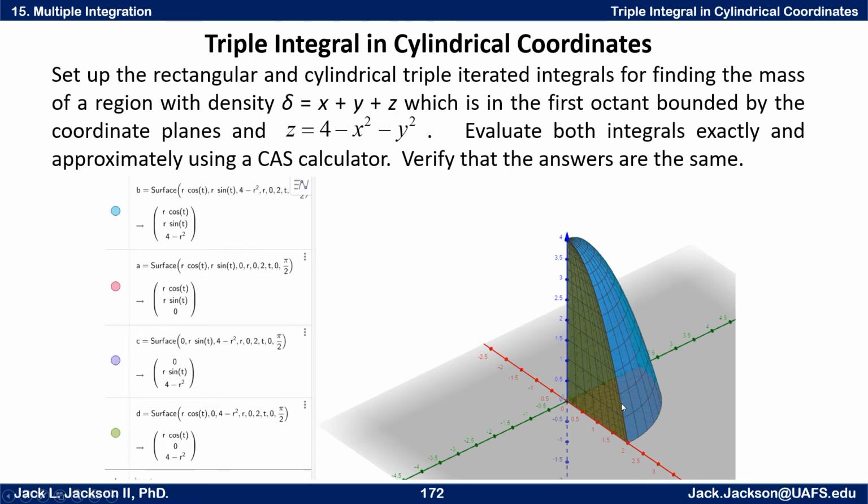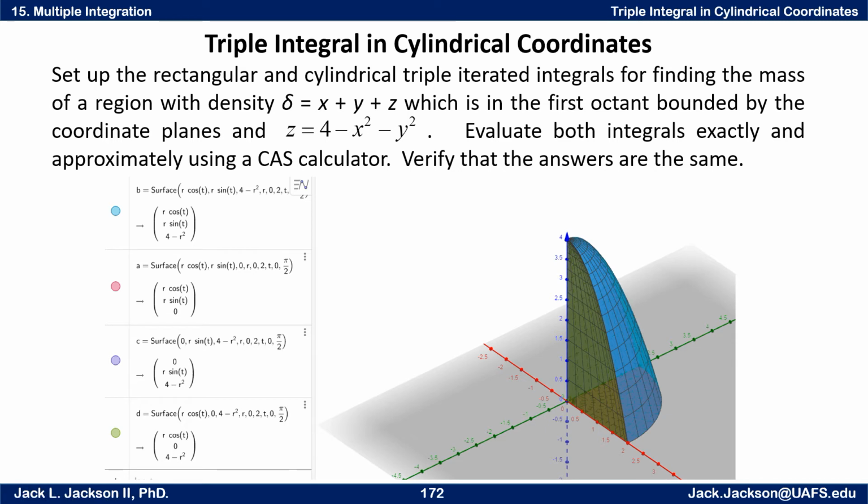So here we see that the z, again, is going from 0 up to the top, but the top end is 4 minus r squared, as we discussed a minute ago. And then the r is consistently running from 0 out to a distance of 2. So 0 to 2 for r, and theta is going from 0 to pi over 2.